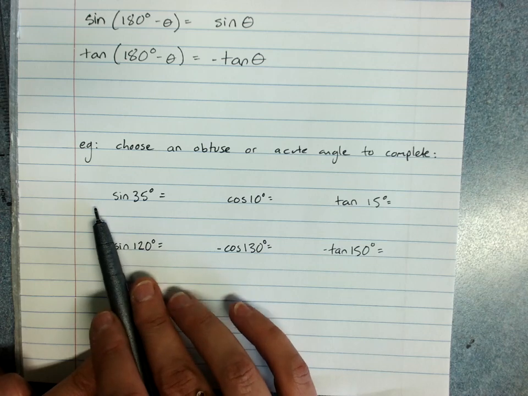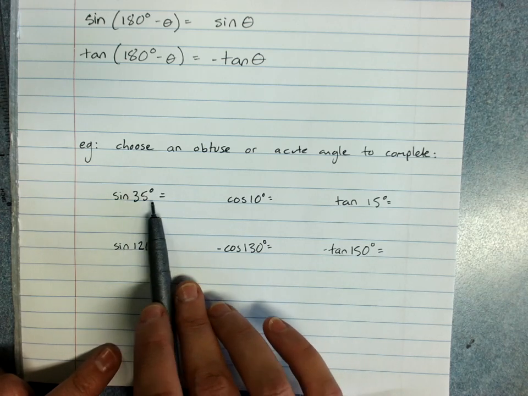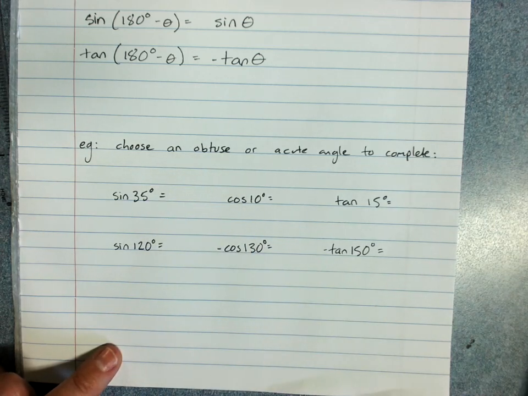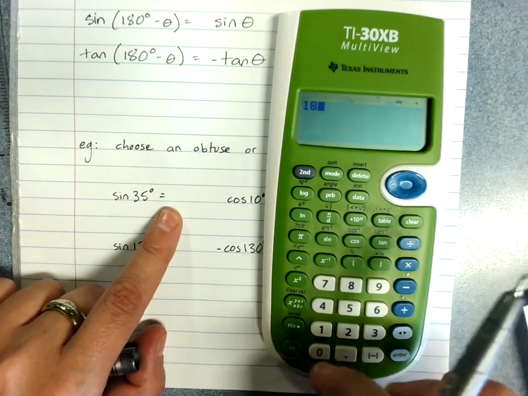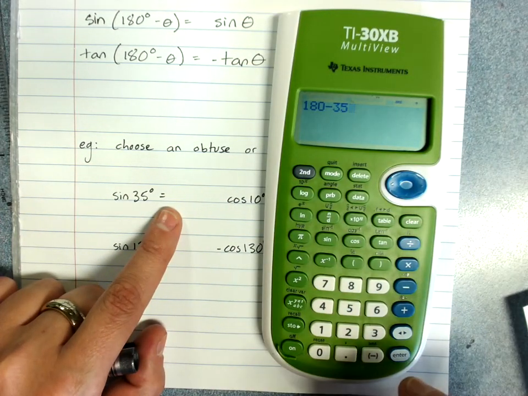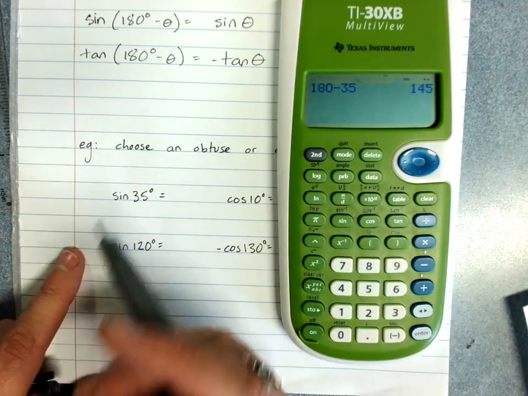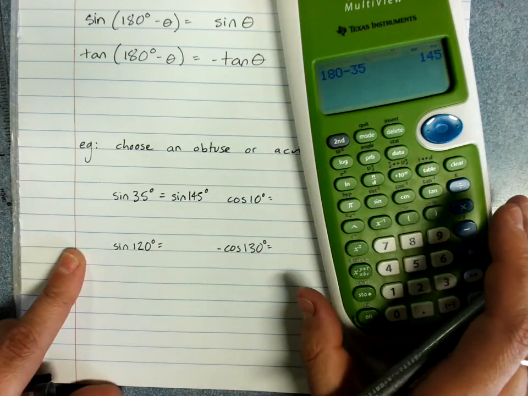So the type of question we might be looking at there then, sine 35 is the same as sine of what obtuse angle? Now if you need to grab your calculator, there's no shame in that. If you want to do 180 minus 35, sine of 35 is the same as sine of 145 degrees.